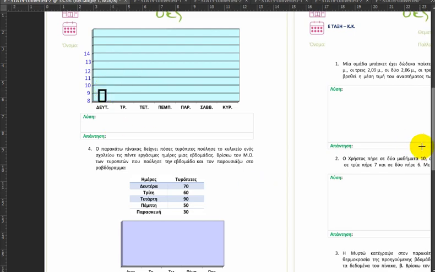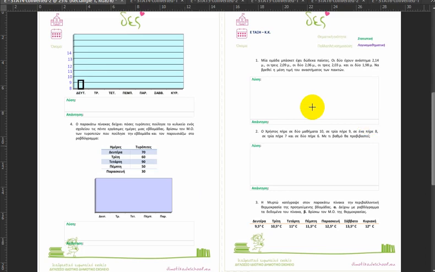Then Tuesday is how much? Let's actually zoom out. 10.5. So Tuesday is gonna go halfway through here, right? Here. And Wednesday is exactly 11. So Wednesday goes up to exactly 11.